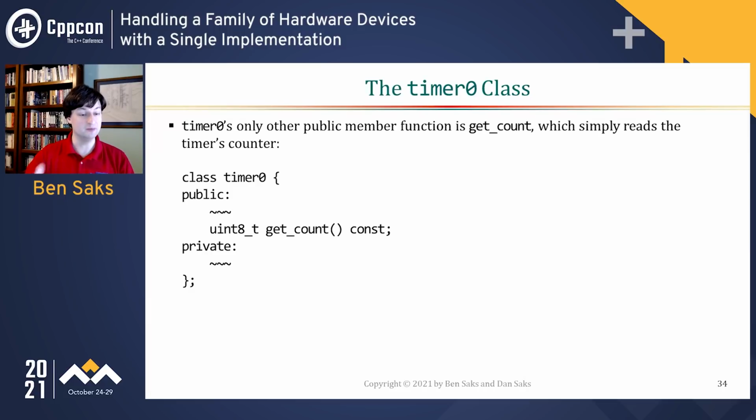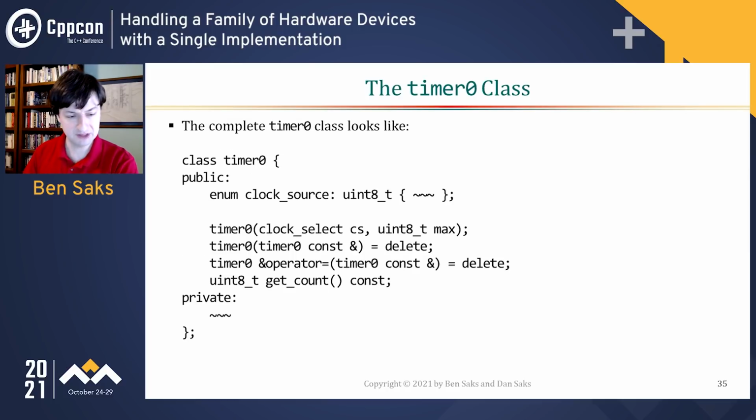It lets us know how close we are to that maximum value and when we're next going to overflow. So here is our timer 0 class. The clock source enumeration is a public member so that the user can choose one of those options to pass into the constructor. We have our deleted copy operations and our get count member function.